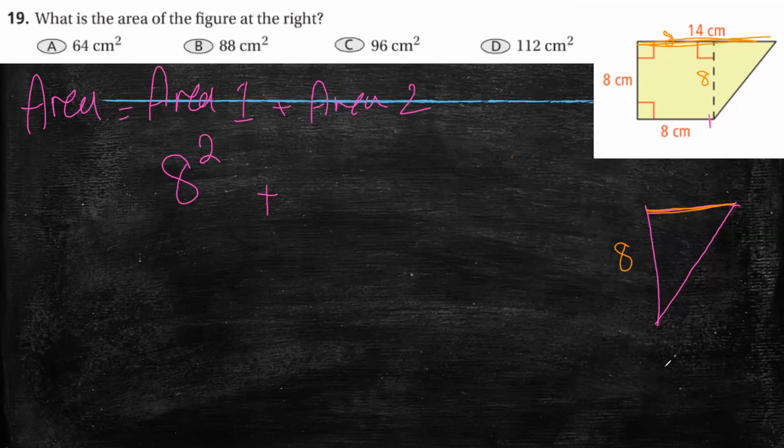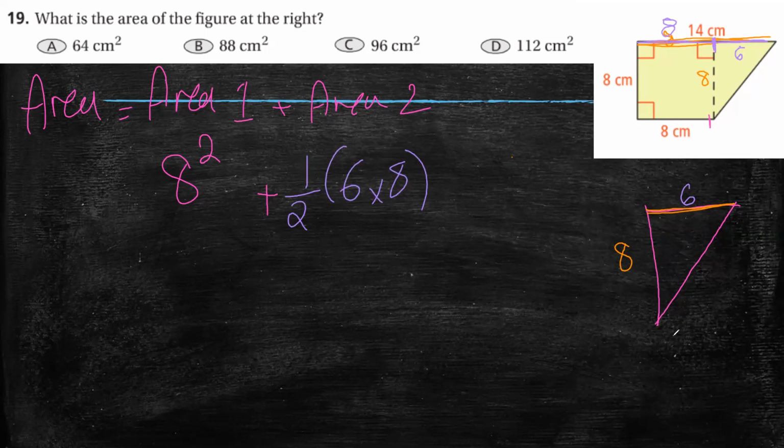What is the length of this side? It is 14, it is given. And from here to here, it is 8. So it's 6, because it is parallel. So the base is 6. So half times 6 times 8.